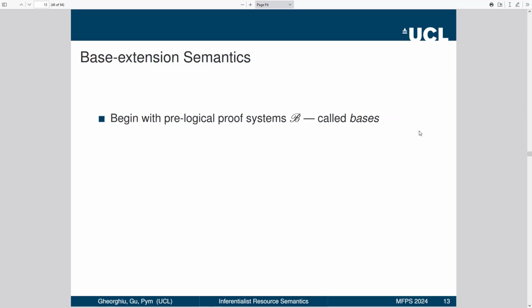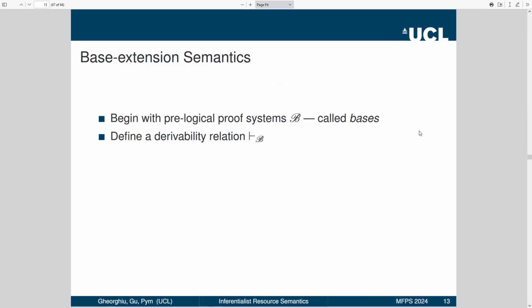Okay, so we begin with pre-logical proof systems. These calligraphic B's will be our models. As I said, you can think of them as simply a set of production rules. They can be a little more complex or a little less complex. Crucially, they don't have any logical structure, any logical constants of that kind, so they're illogical.